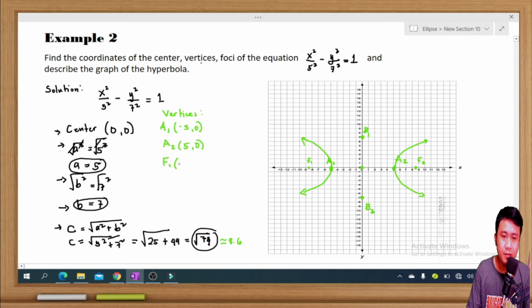The value of f sub 1 is negative square root of 74. Kasi yan yung negative 8.6, 0. And the value of our f sub 2 is positive square root of 74, 0. So, ganun po ang ating pagkuha ng center, ng vertices, ng foci of the equation of a hyperbola.